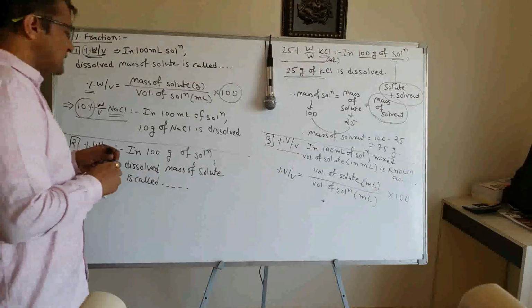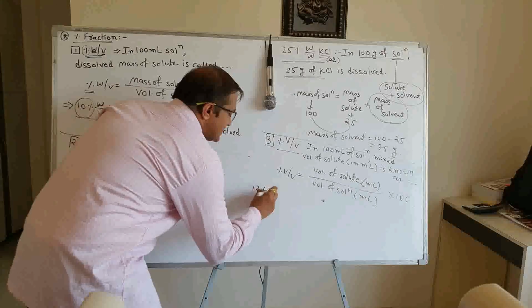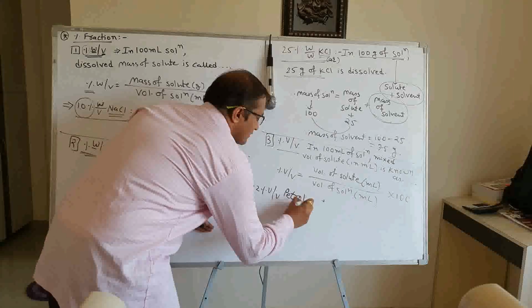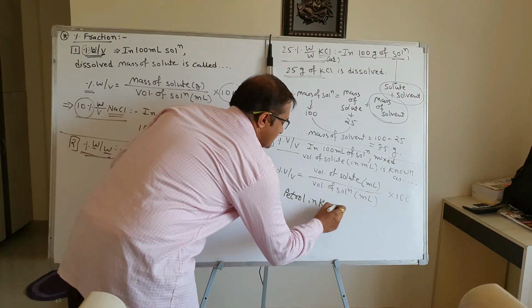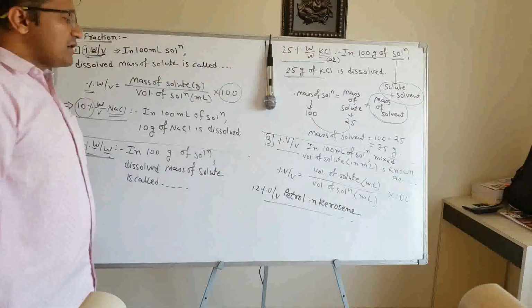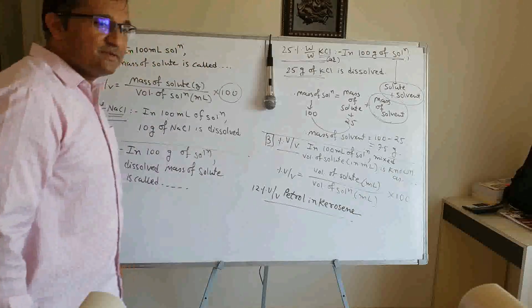And here we can say, if we take 12% V by V petrol in kerosene, then the conclusion will be in 100 ml of solution, 12 ml of petrol is mixed.